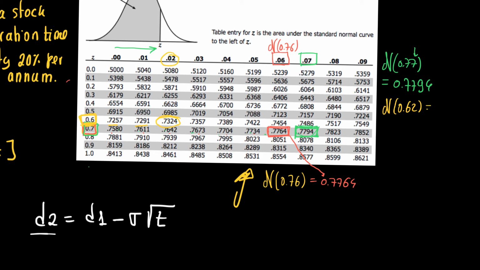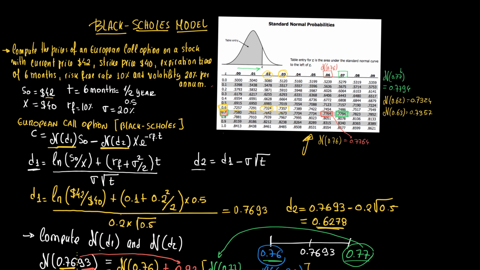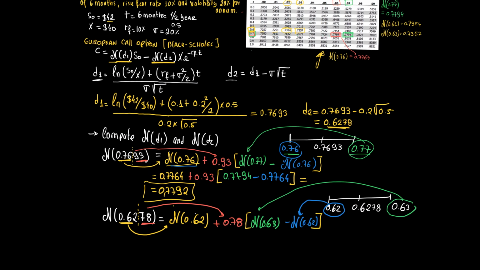So this is going to give 0.7324. And we also need to know the value of n of 0.63. So 0.63 is here. So it's going to be 0.7357.